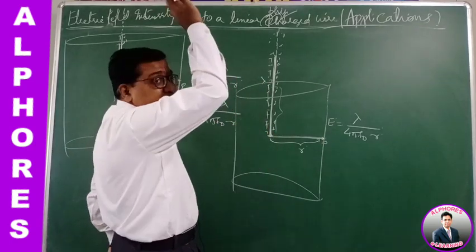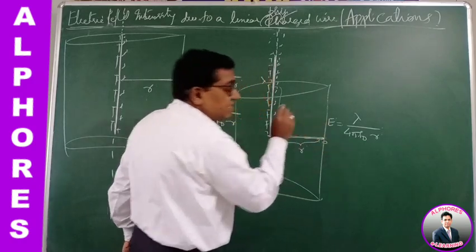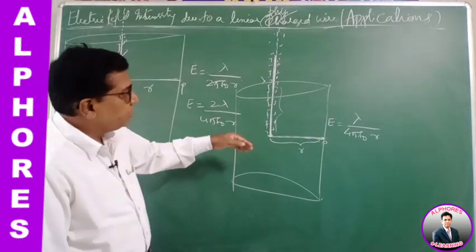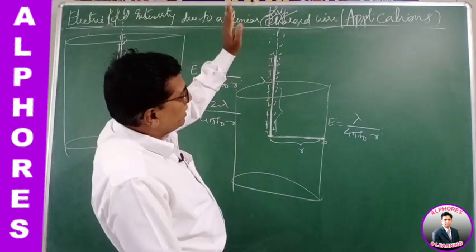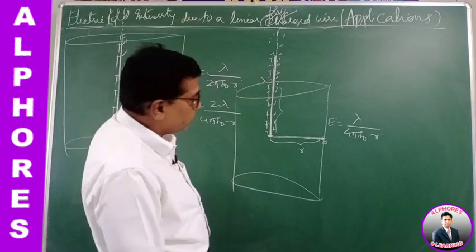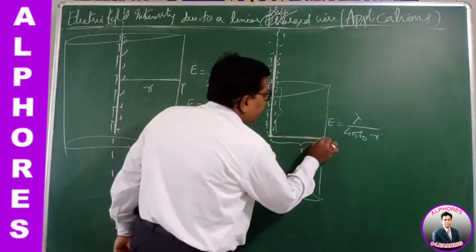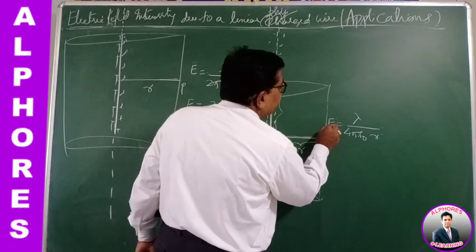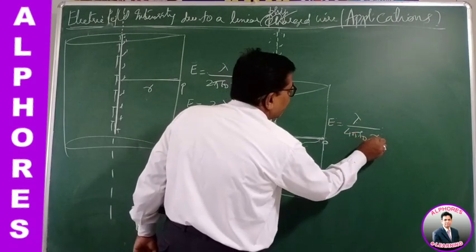It is only infinite on one side, and the point is at a distance r. Then the electric field intensity due to a linear charged conductor extended up to infinity onto one side, at the lower end, at a perpendicular distance r at point P, is lambda by 4 pi epsilon naught r.